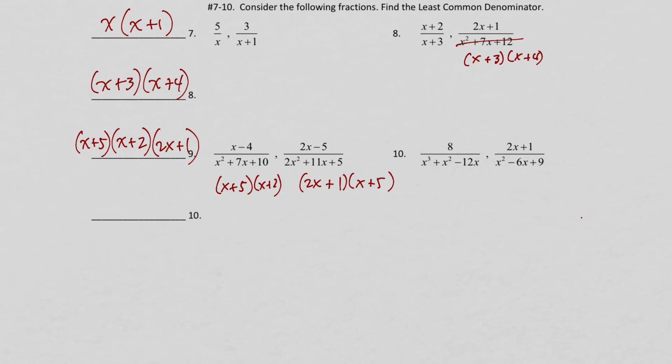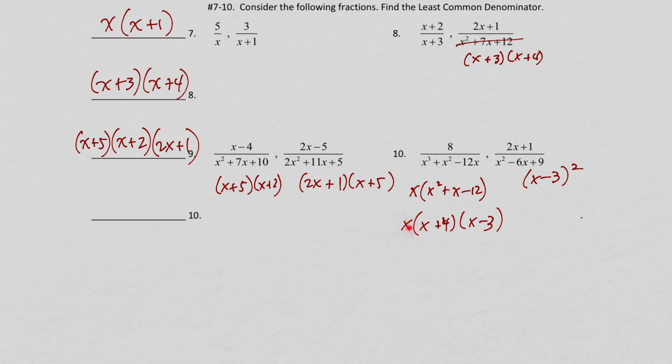Okay, we have to factor these. To factor this, I'm first going to take out the x. So I have x times x squared plus x minus 12. And that's going to factor as positive 4 and negative 3. Okay, this is x minus 3 squared. So when we look at the different factors, we have x, x plus 4, and x minus 3.